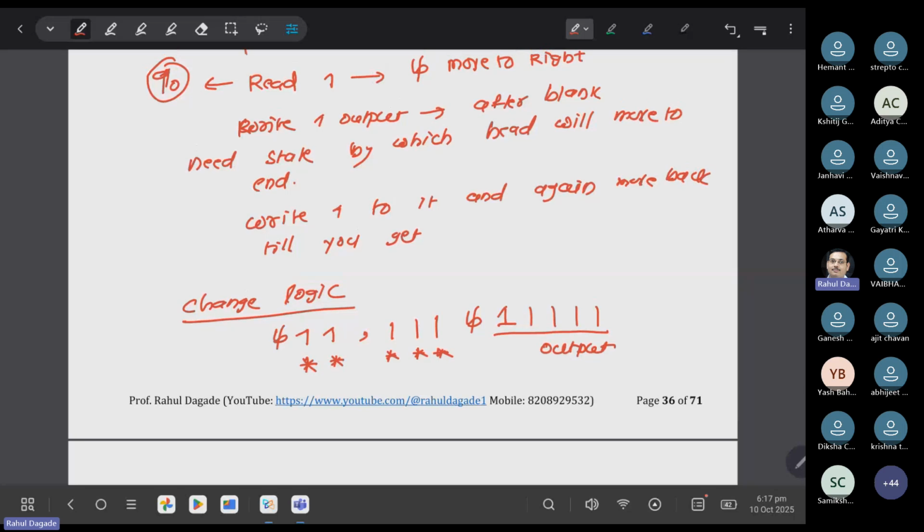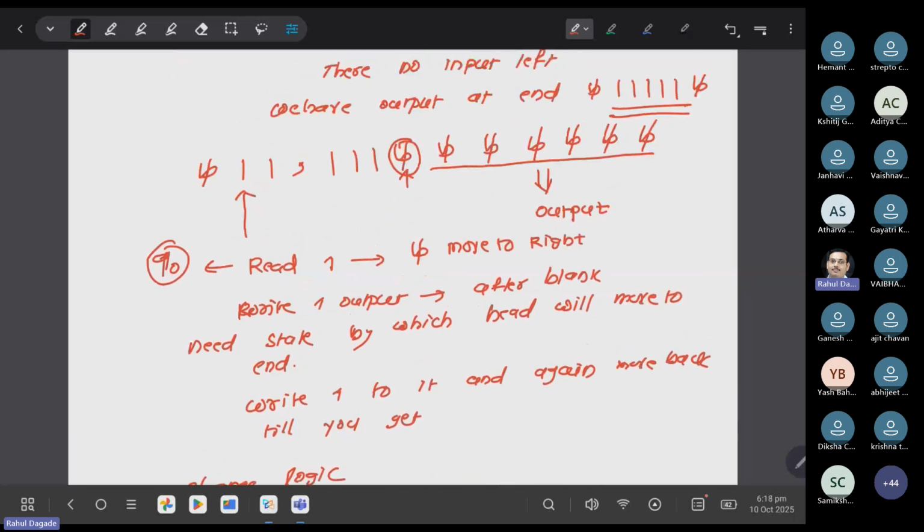Okay, so now just change a little bit. Our Q0 state will not convert it into blank, but it will convert that into star. So here change it a little bit. So this will be converted into star.